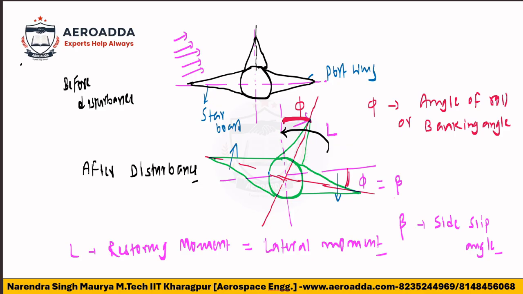To balance it, a restoring pitching moment was generated anti-clockwise so that the nose goes down and the angle of attack decreases. So the change of moment with respect to angle of attack alpha was negative. I hope it is very clear.